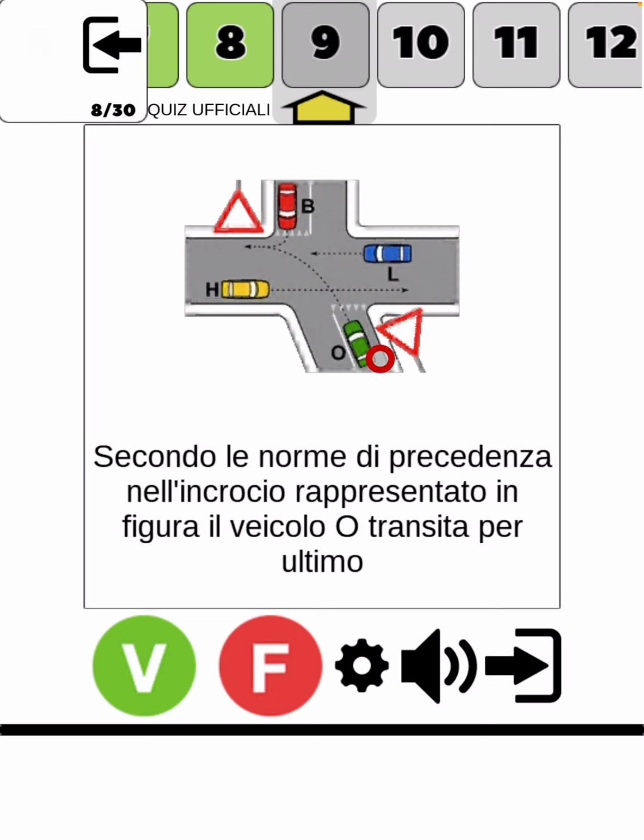These two cars will give precedence to the H and L. The H and L will pass, then remain the red and the green, that is the B and the O. Now the red car, the B, has precedence over the green one. So after the red one passes, the green one will be the one to pass last. The question is vero.